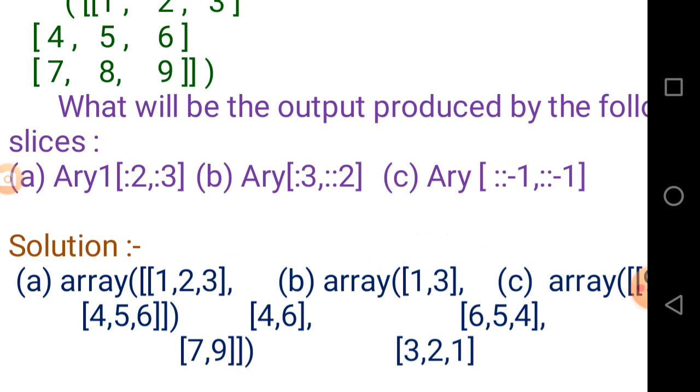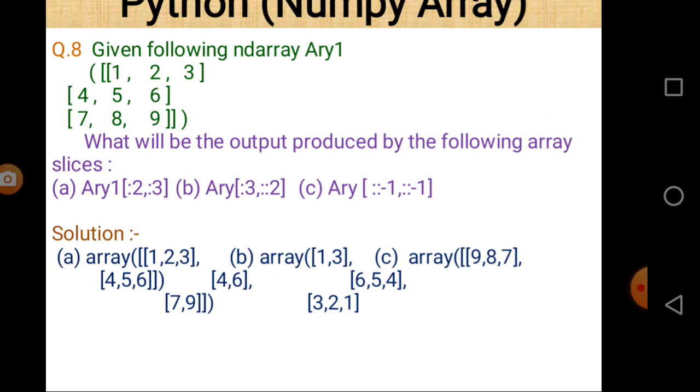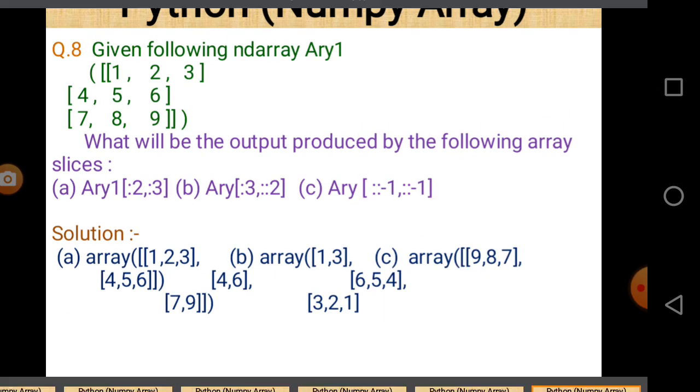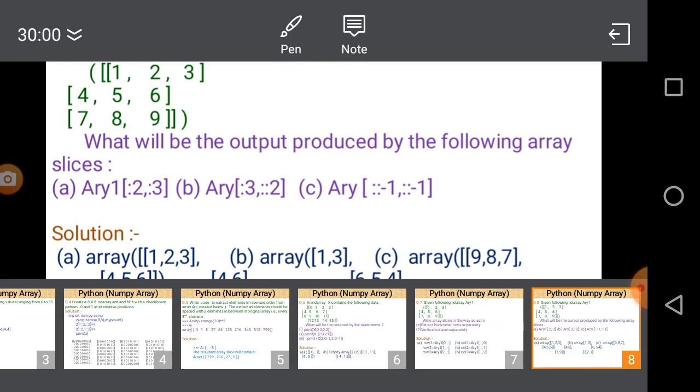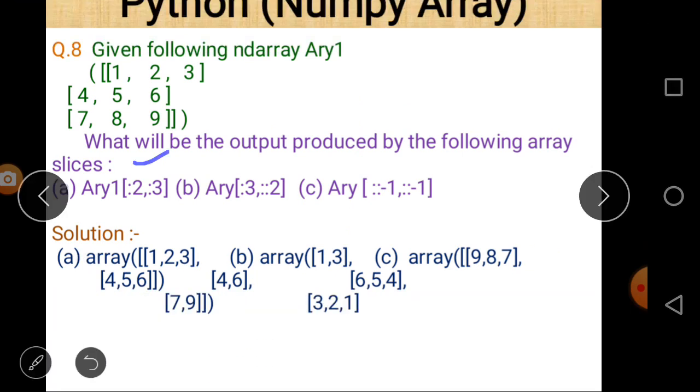In this case, colon 2 comma colon 3: it means all rows will be selected, but for rows, colon 2 means only two rows will be selected, 0 and 1, the row at index position 0 and the row at index position 1.